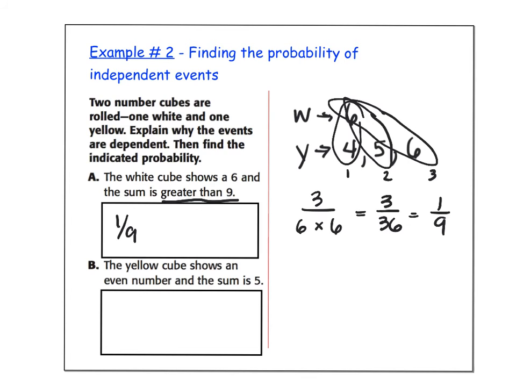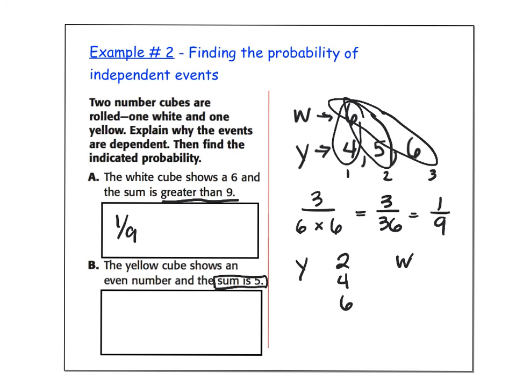The second problem says the yellow cube shows an even number and the sum is 5. Let's look at the yellow first. The yellow can only be 2, 4, or 6 because it has to be an even number. And then the white has to make the sum... I'm sorry, the sum is exactly 5.